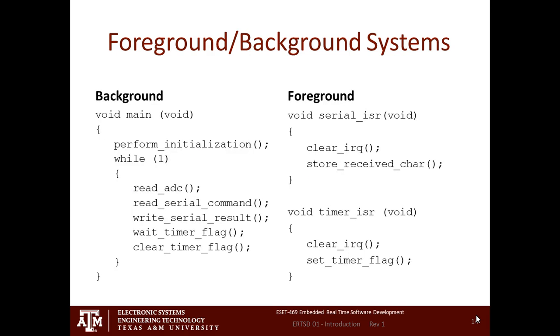So this code down here, taking that example that we started off with and making it into a foreground background system. What we're doing here is that in the foreground, if I get an interrupt that says I've got a character on the serial port, it's storing the received character into a buffer, okay, and then returning.